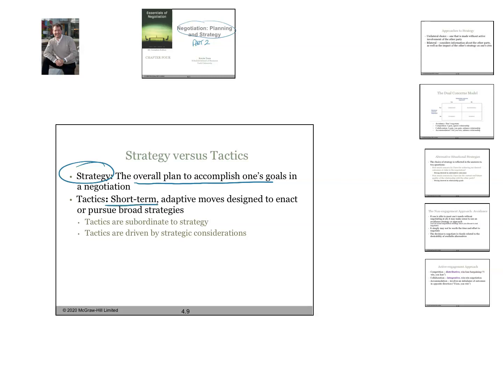Tactics are short-term adaptive moves, and you'll probably have several tactics paired up with one specific strategy. So we need to understand that tactics are subordinate to strategy. In other words, think of strategy as like an umbrella, and with it, you might have 2, 3, 4 tactics that you use. Typically, you start with at least 2 because they tend to work together.